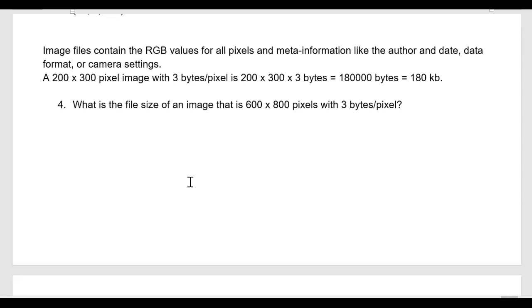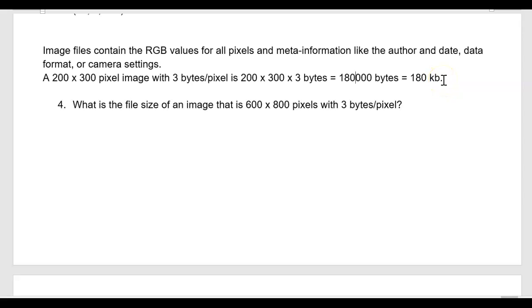But most of an image's size is due to its number of bytes and number of pixels. Okay, so if I have a 200 by 300 pixel image with 3 bytes per pixel, then that's going to be 200 by 300 by 3 bytes, which would get you 180,000 bytes, which is approximately 180 kilobytes.